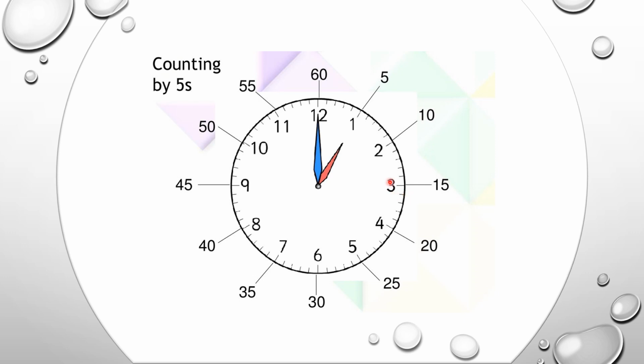So each line represents 1. That is the reason you have 5, 10, 15, 20, 25, 30, 35, 40, 45, 50, 55 and 60, which means 1 hour has only 60 minutes. So one small line equals 1 minute. Clear?